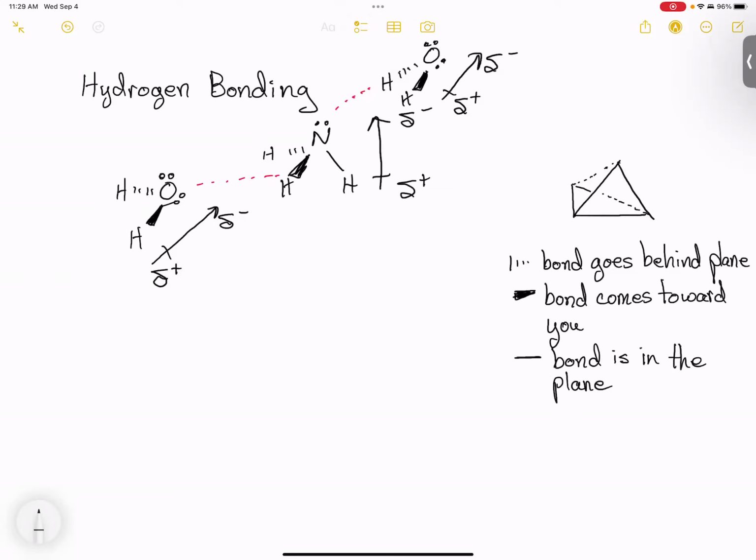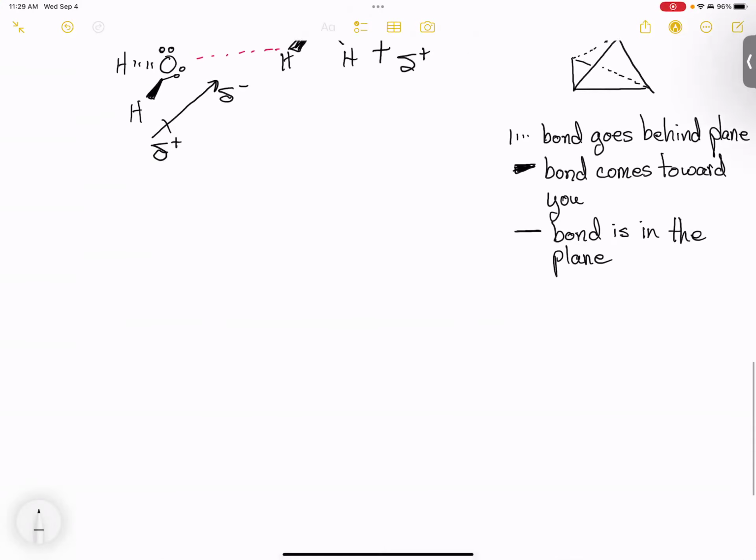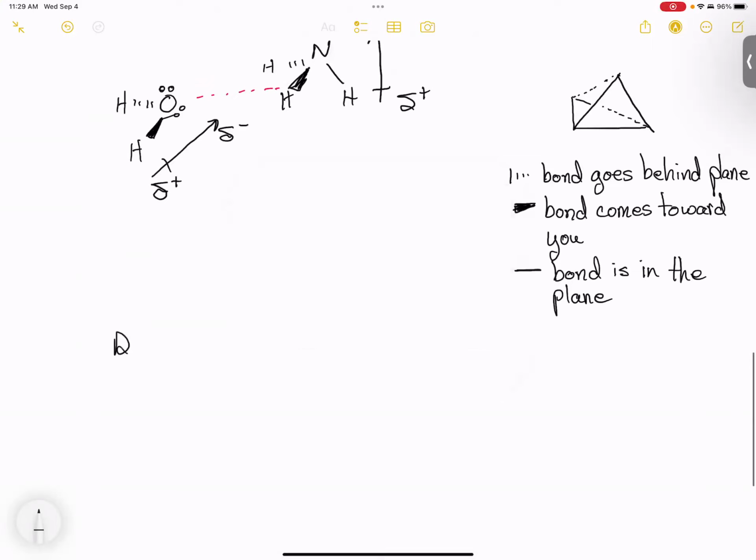Okay. Now, you can also have simply dipole-dipole interactions.